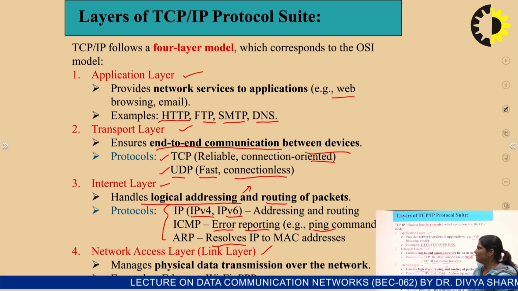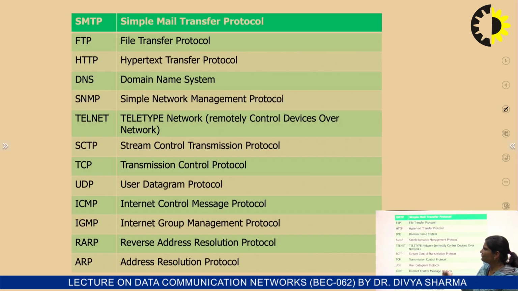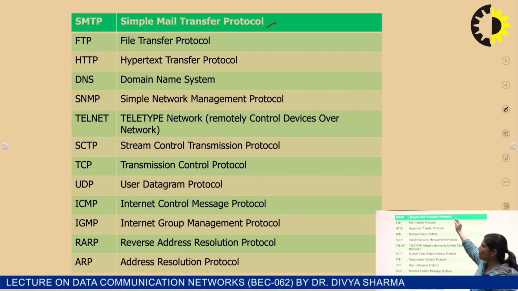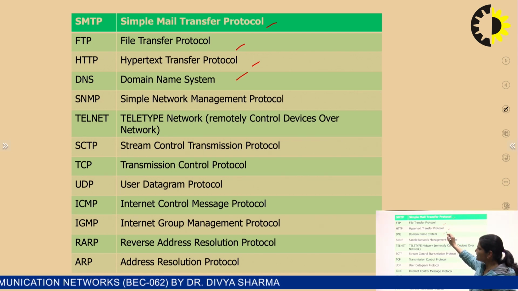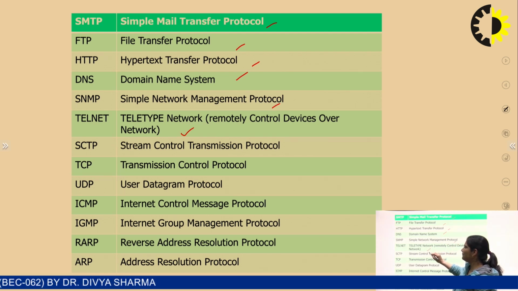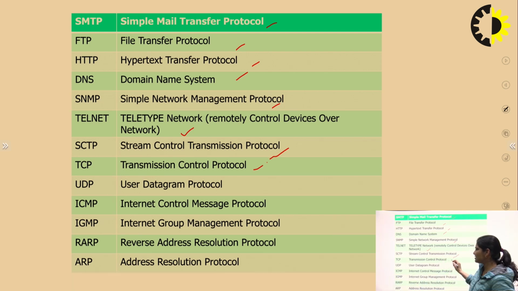So these are the full forms: SMTP, Simple Mail Transfer Protocol; FTP, File Transfer Protocol; HTTP, Hypertext Transfer Protocol; DNS, Domain Name System; SNMP, Simple Network Management Protocol; Telnet, Teletype Network; SCTP, Stream Control Transmission Protocol; TCP, Transmission Control Protocol; UDP, User Datagram Protocol; ICMP, Internet Control Message Protocol; IGMP, Internet Group Management Protocol; RARP, Reverse Address Resolution Protocol; and ARP, Address Resolution Protocol.